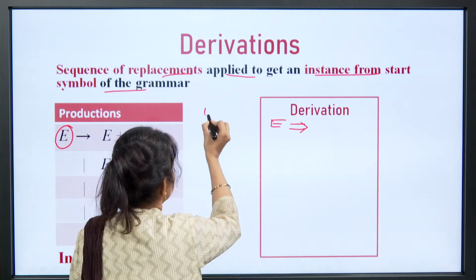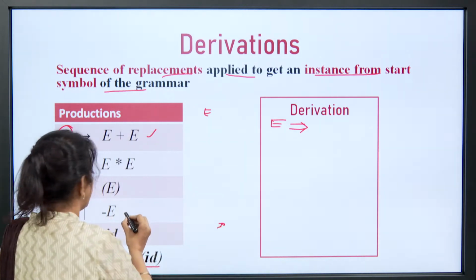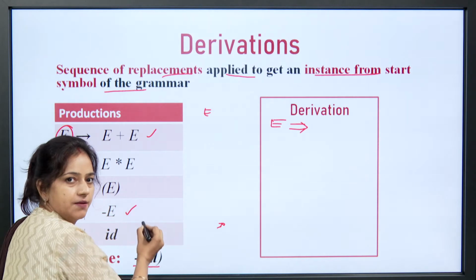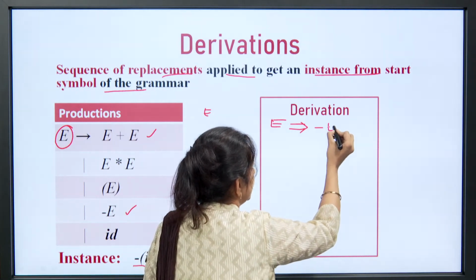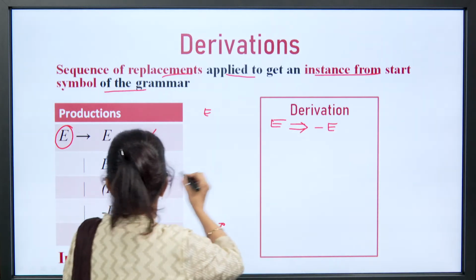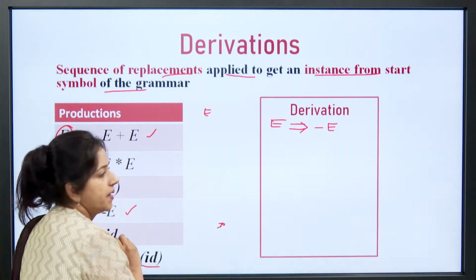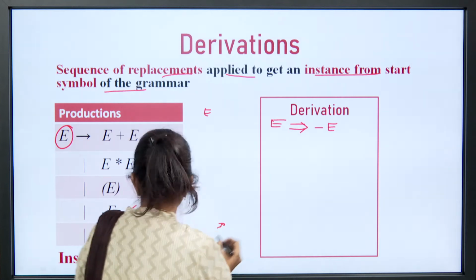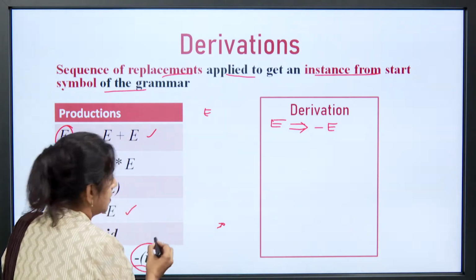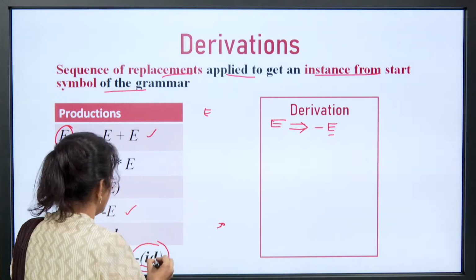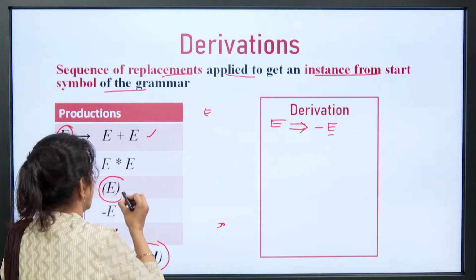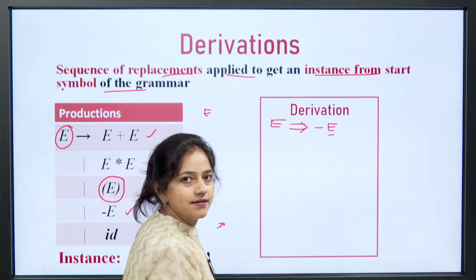Here we should replace this E with minus E, and we get E derives minus E using production E to minus E. Now, in the next step, we have non-terminal capital E. This E should be replaced with this alternate to get the desired instance.